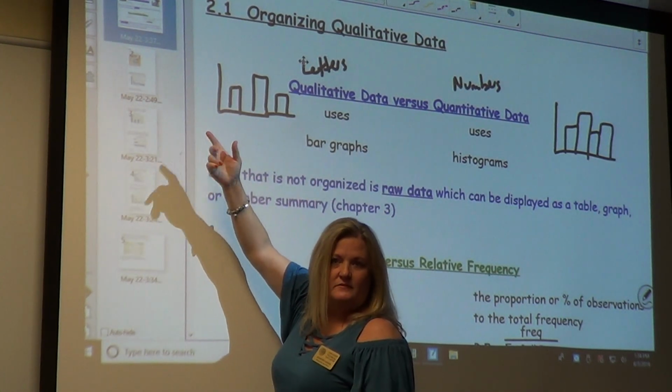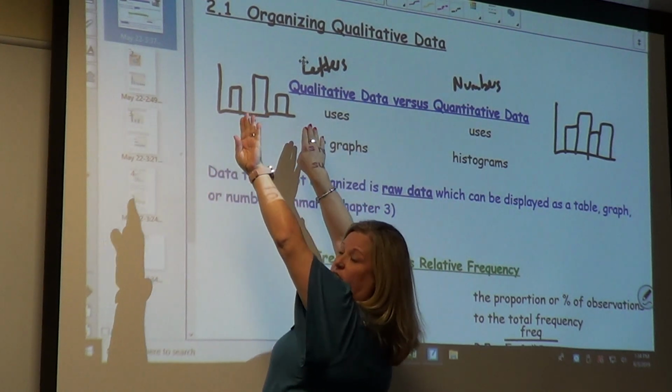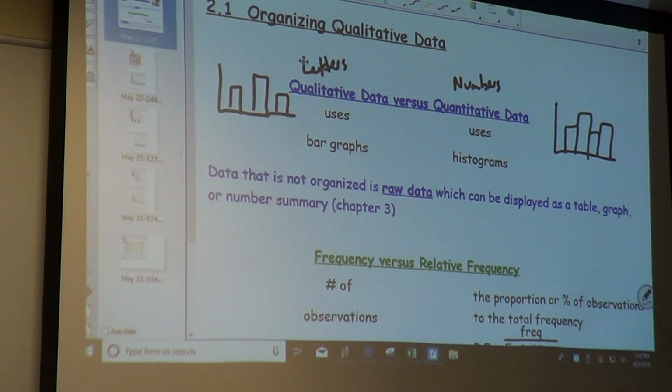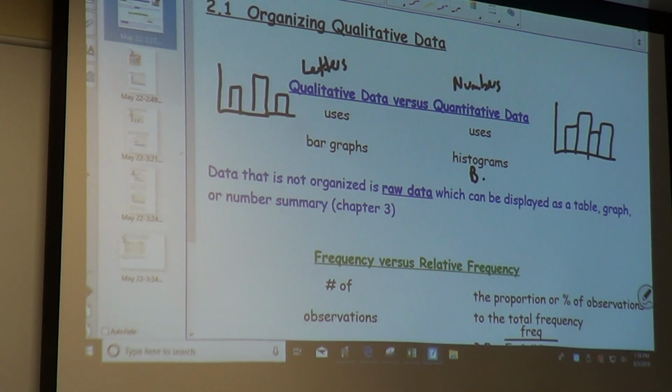The spacing, that's it? The bars do not touch on a bar graph. Here, the bars touch. Only difference. So, on a histogram, the bars touch. Here, the bars do not.